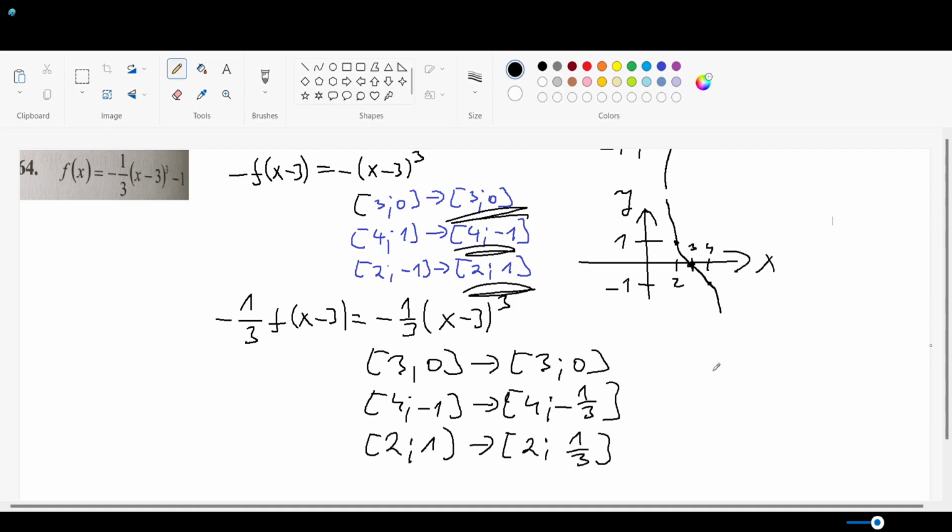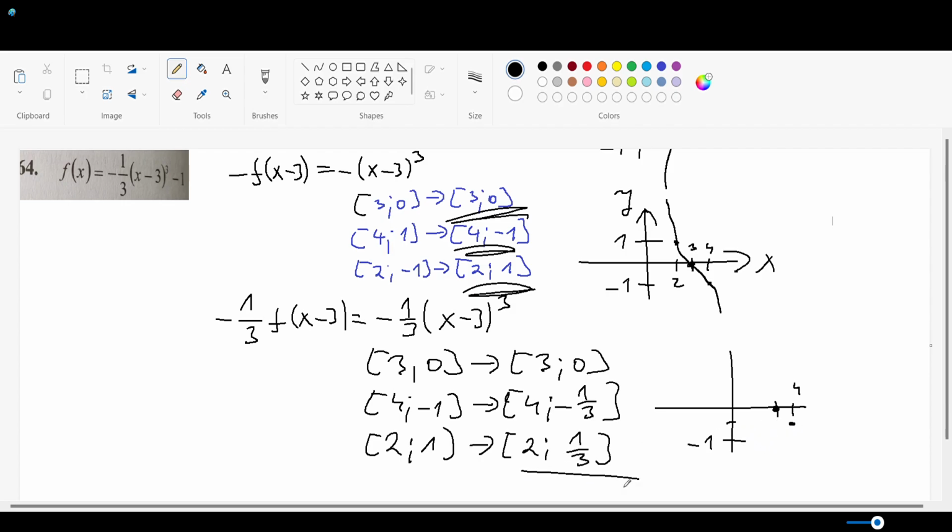So basically the result of this is that 3, 0 will still remain here, but the point with the coordinate x being 4 is suddenly not going to be -1, but it's going to be changed to -1/3, which is closer.